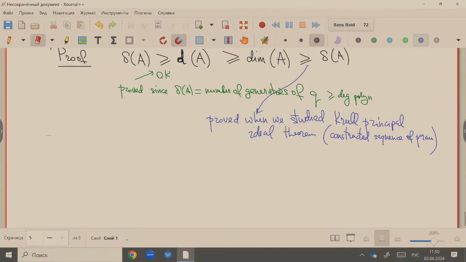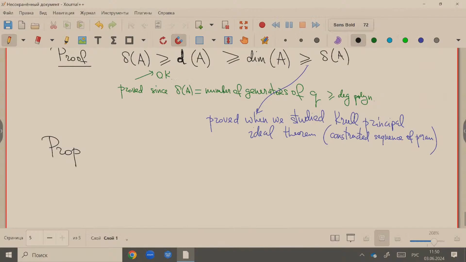So let me formulate this as a proposition: delta, so the system of parameters, is bigger or equal than the Krull dimension of it. Oh, sorry, degree of it is.